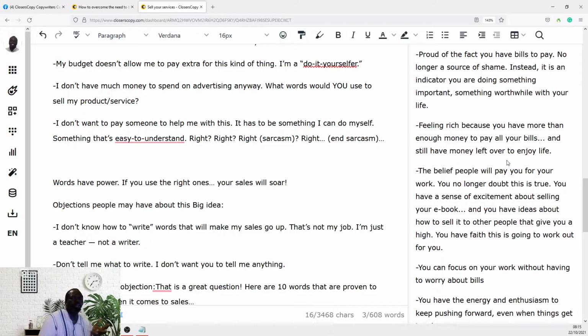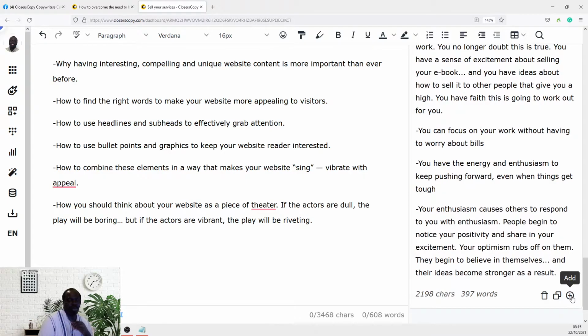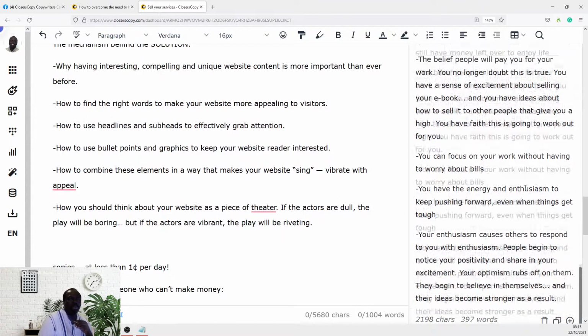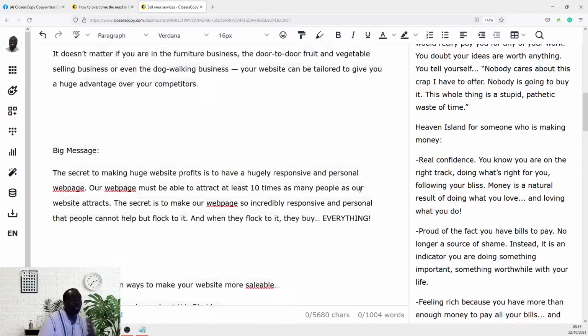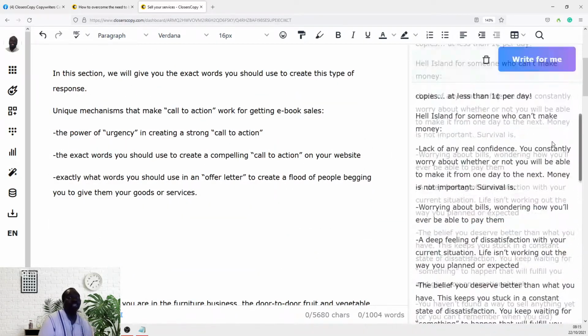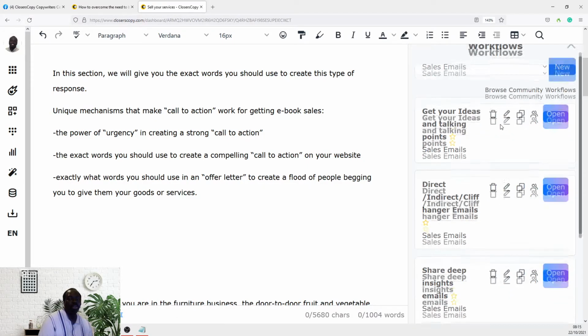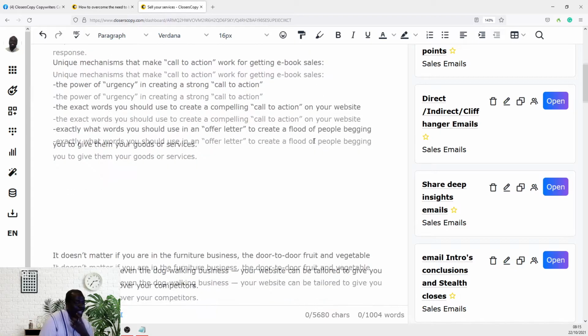It gives you quite a lot of talking points there. So these are all angles which we could create our emails around. Okay, so now once you've gathered all the angles, and you could keep on brainstorming and pulling out different angles until you have 1,000 different angles to write about, then we go to actually writing our emails.